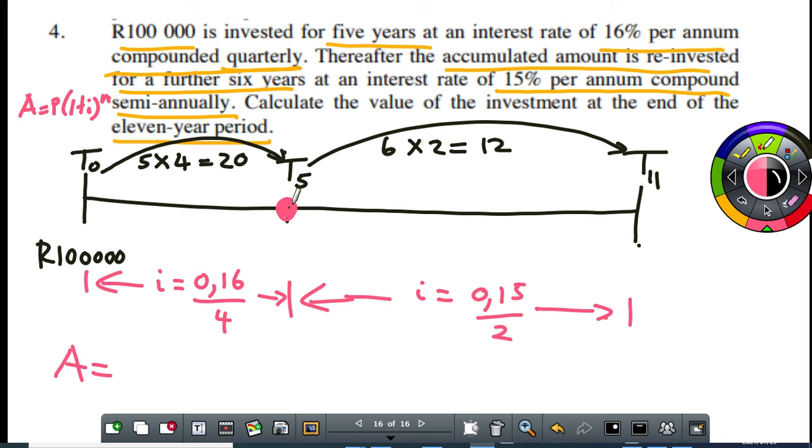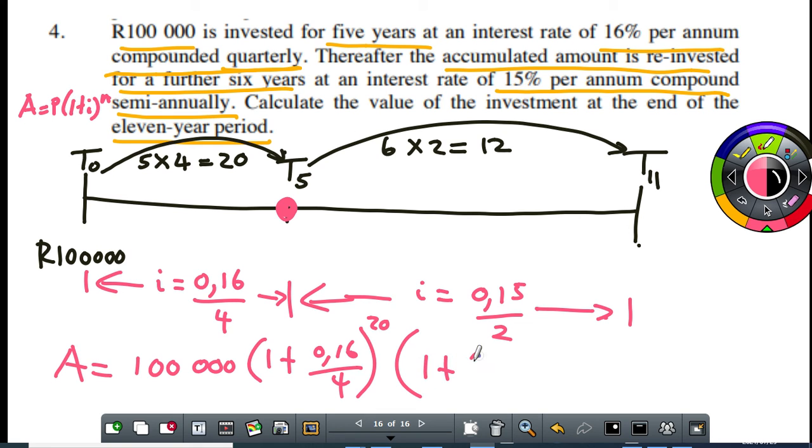Therefore, I can write one long formula as 100,000 times (1 plus 0.16 over 4) raised to the power of 20. This is my P now for the last 6 years. Then I'll multiply this by (1 plus 0.15 over 2) raised to the power of 12. This is the shortest way.